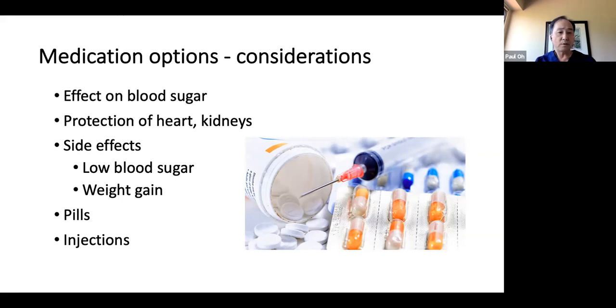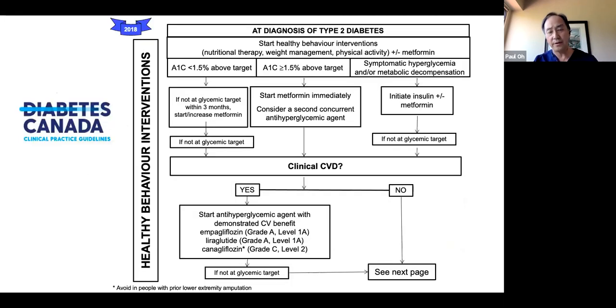We'll also think about the route of therapies. So many medicines might be available as pills, and other ones are available as injections. And some people take a combination of both of these things. Some people prefer injections over pills, and some are vice versa. So there's lots of very good considerations on how we might arrive at one or the other.